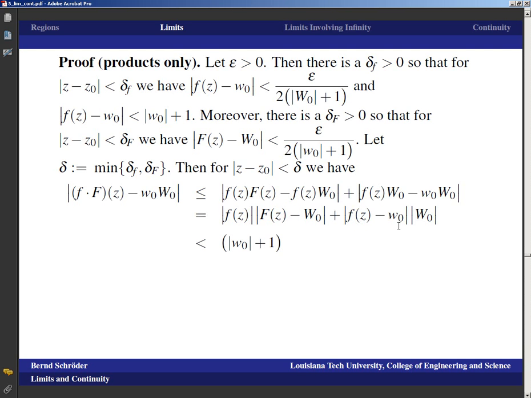Now I use that the absolute value of the difference between z and z0 was smaller than delta. And so I know, for example, that f of z... I need to have that |f(z)| is smaller than |w0| plus 1, not |f(z) minus w0| smaller than |w0| plus 1.